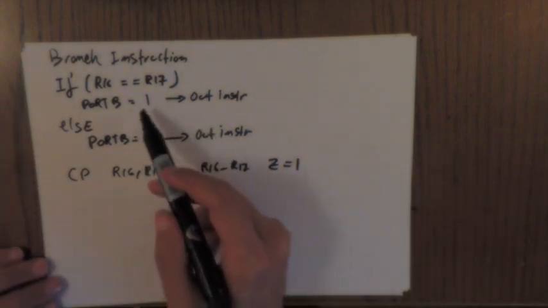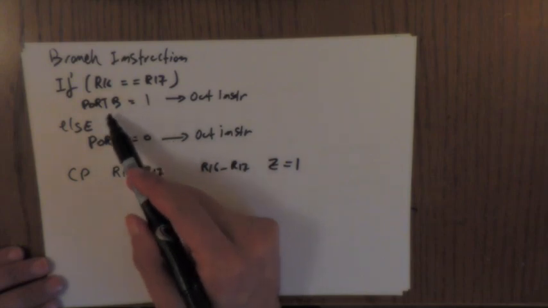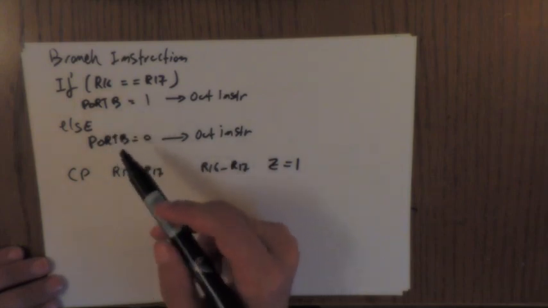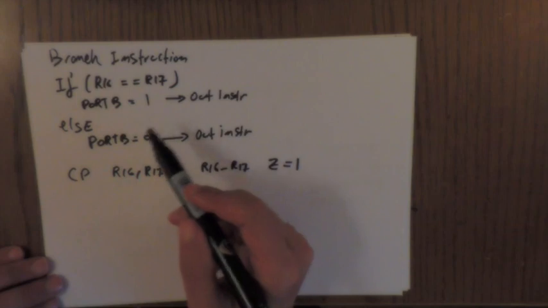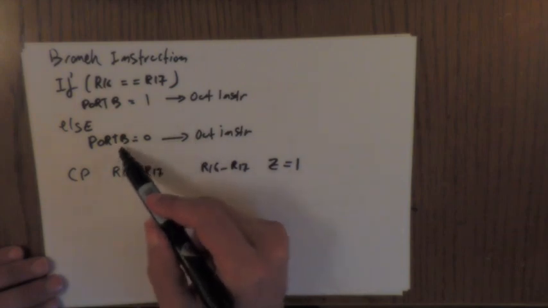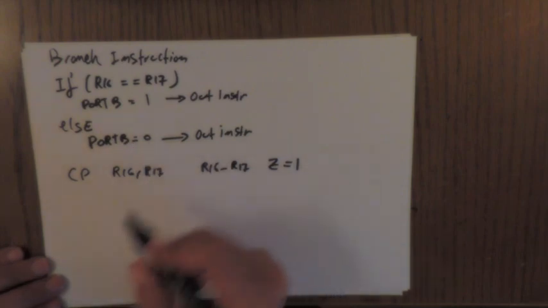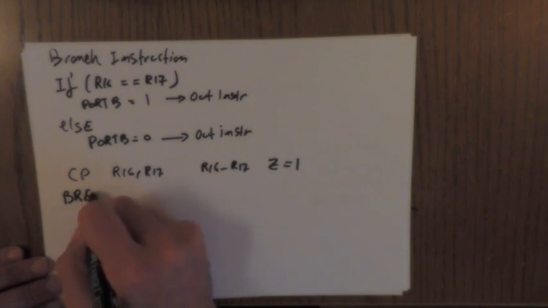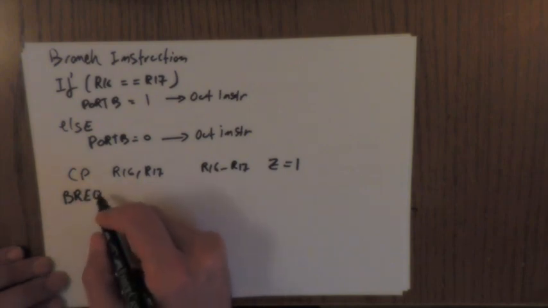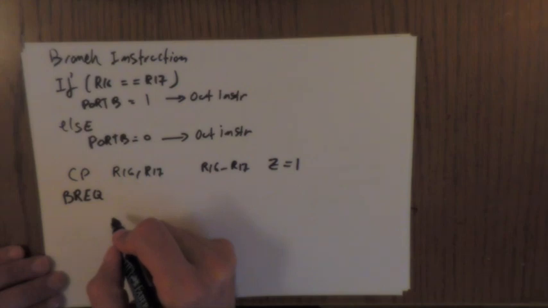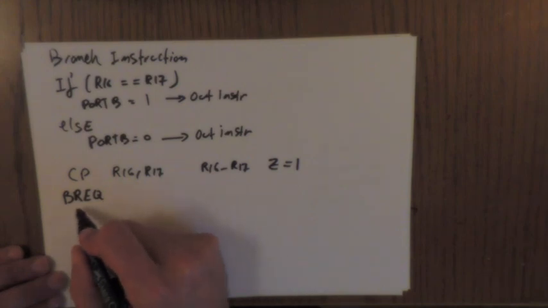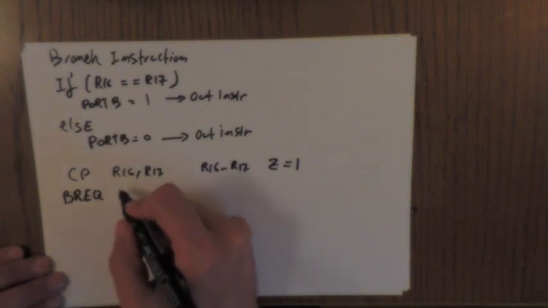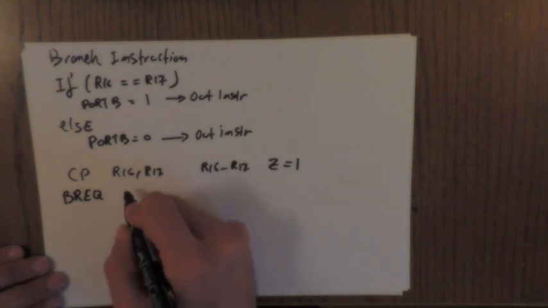I need to go to a place where I set port B to 1 if they are equal. If not, I need to go to a place where I set port B to 0. In this case, I use something called a branch instruction: branch if equal, BREQ. If the zero bit is equal to 1, I'm going to go to 'on'. This is just a label.